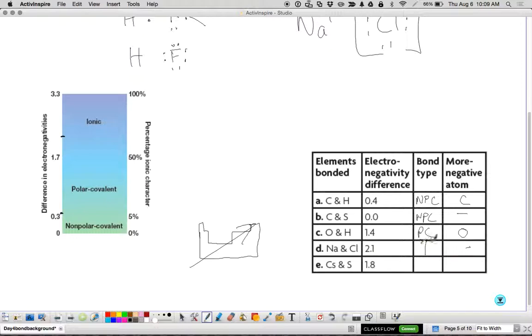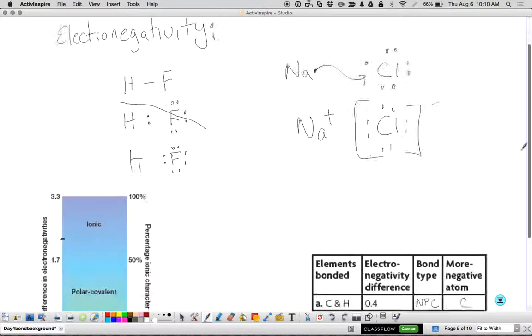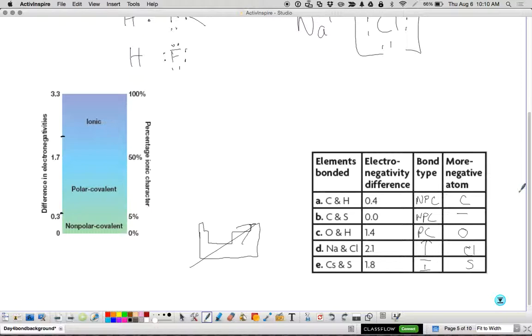So this is ionic, and the more negative atom is chlorine. And the last one, cesium and sulfur, that's another ionic, and the more electronegative atom is sulfur. So that's sort of just showing you the difference.